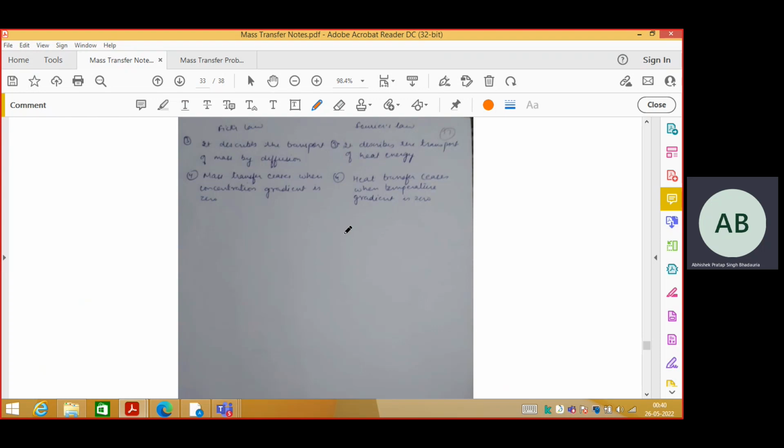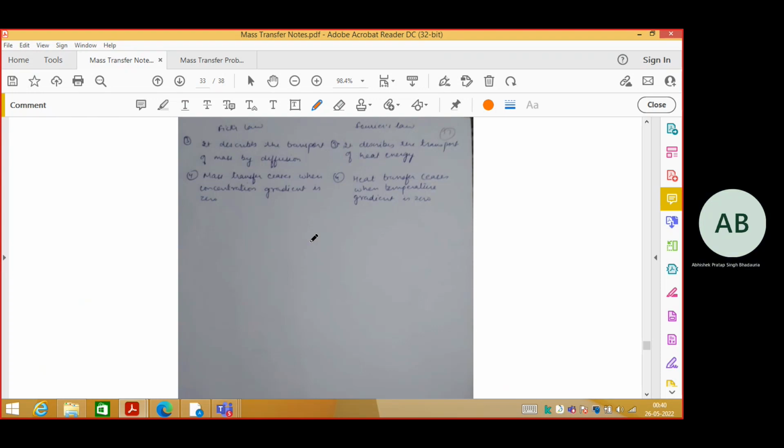These are the major differences, though other differences are also there. I have given the entire overview, and some numericals can be there based on these dimensionless numbers.